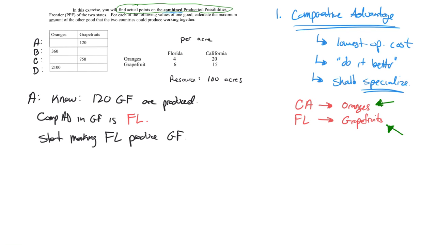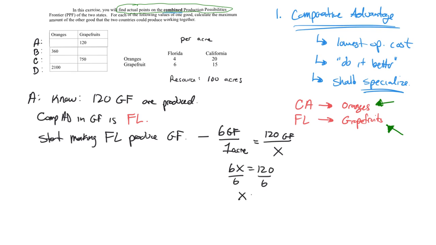So I'm going to do the math out here. 6 grapefruits for every 1 acre. We want them to be able to do 120 grapefruits, and let's see how many acres that would take. Well, if that's my unknown, I do some cross multiplication. I would say 6x equals 120, divide by 6, divide by 6.